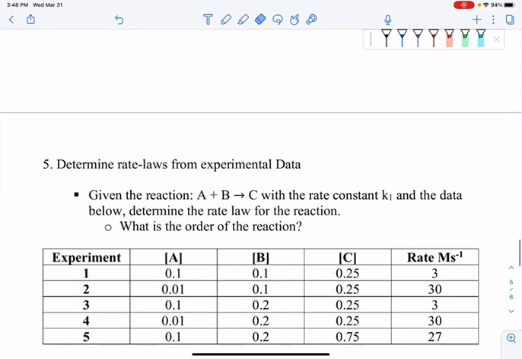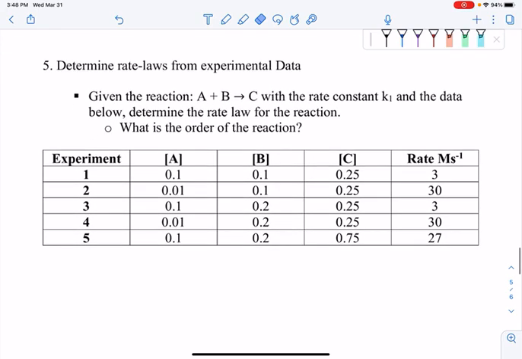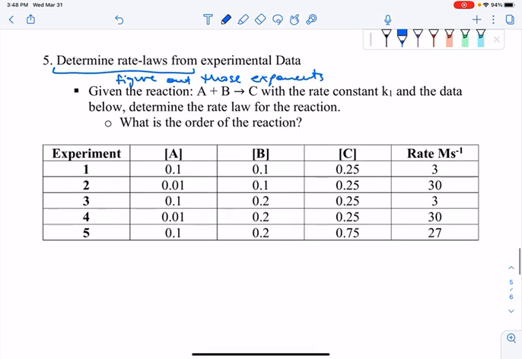Okay, so now we're going to try and figure out how do we actually determine rate laws from experimental data? How do we figure out what those exponents are? So we can write a general rate law for this reaction.